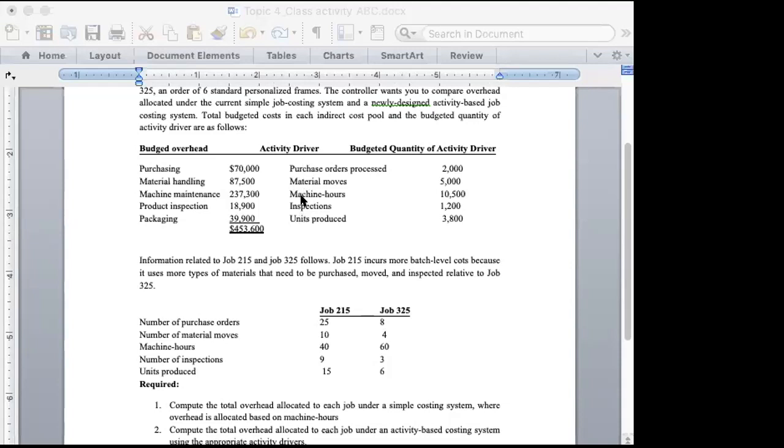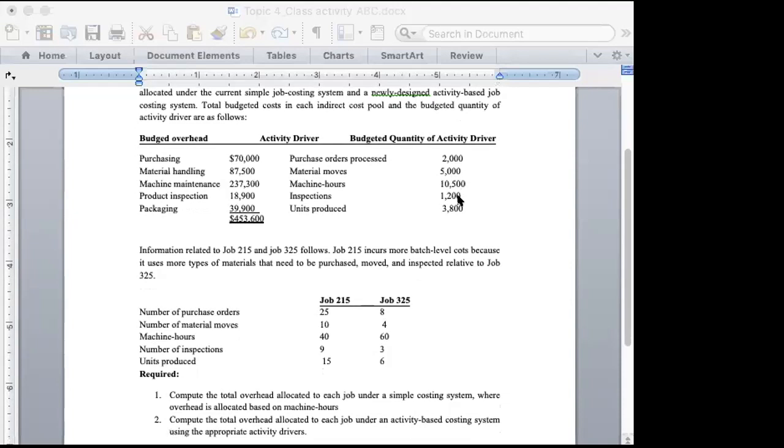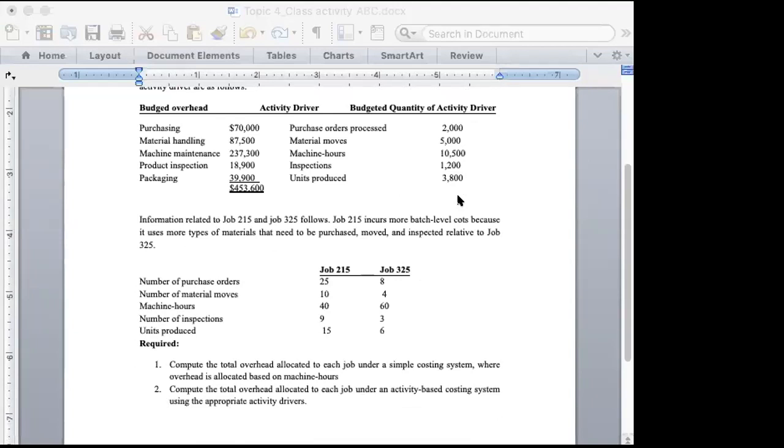We do not have any information about labor hours, so we have only machine hours, which is 10,500. Step 3 is total overhead divided by machine hours, so we get the predetermined overhead rate per machine hour.